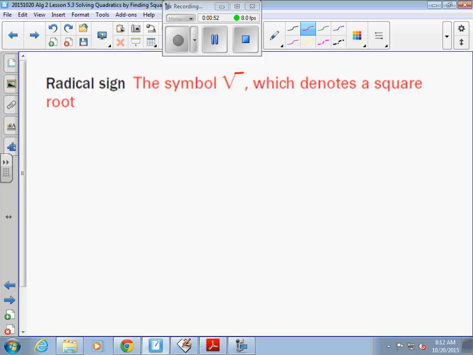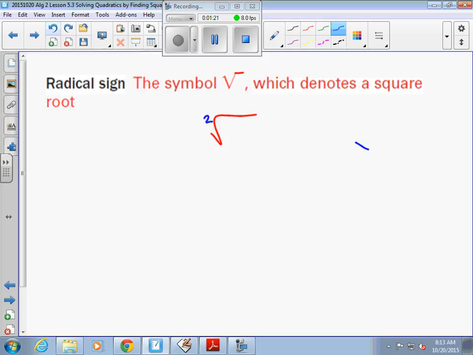The radical sign is that check mark looking thing right there. We will get into other roots besides square root later on in this course, where it'll say cube root, or the fourth root, or the fifth root, but that's coming later on down the line. For right now, if there's no number right there, it's assumed to be the square root.